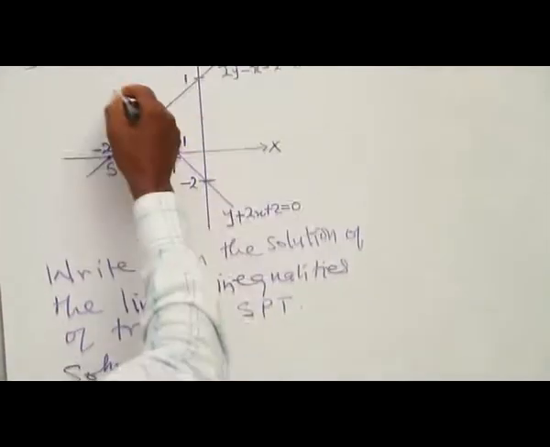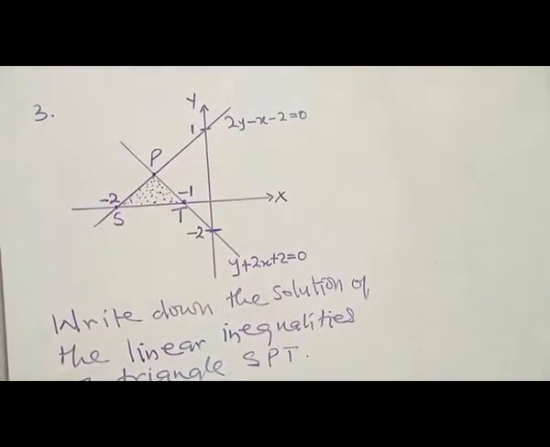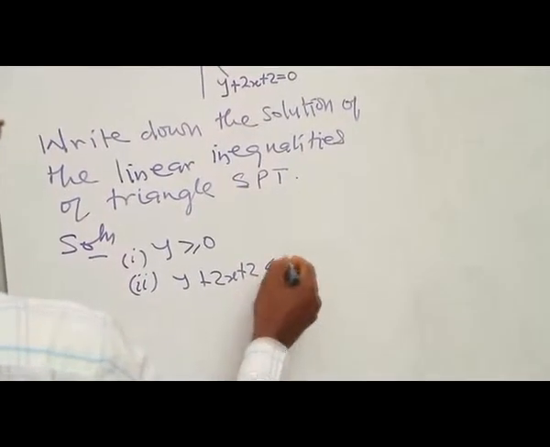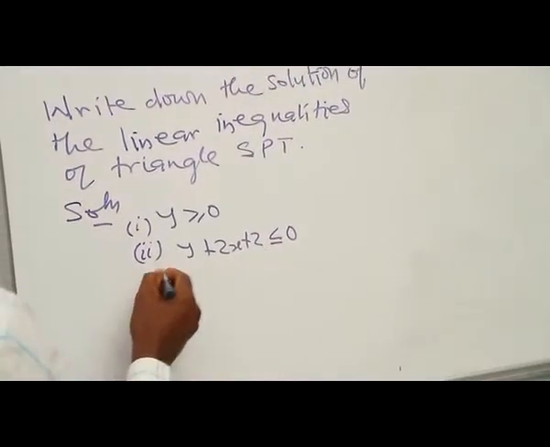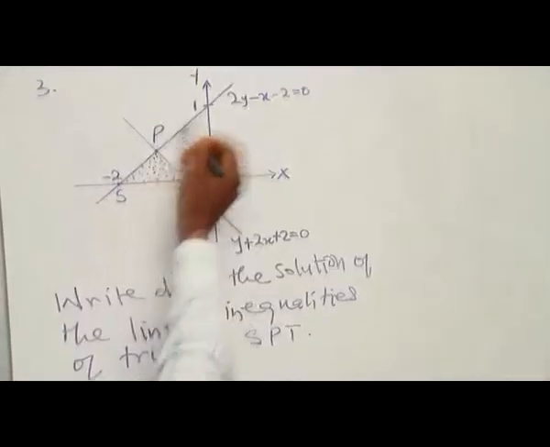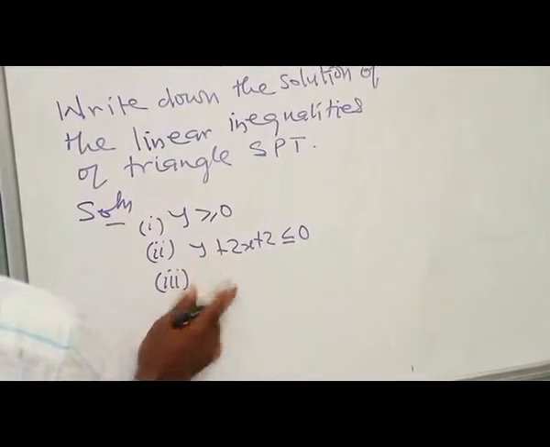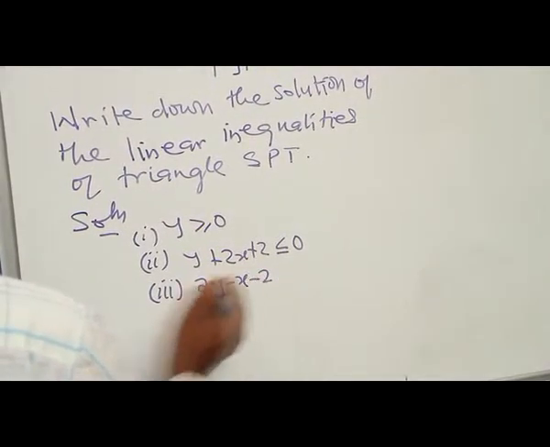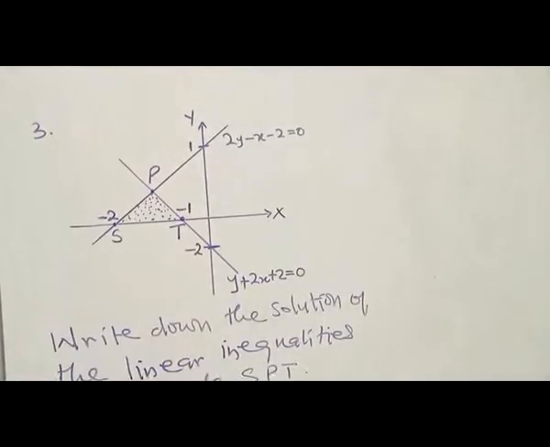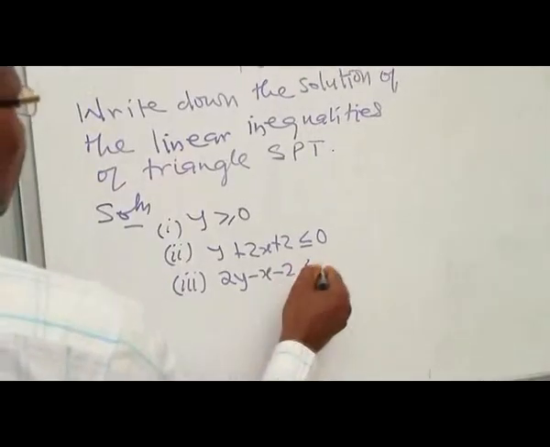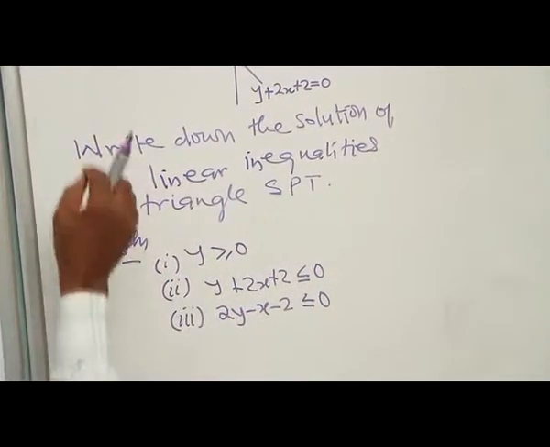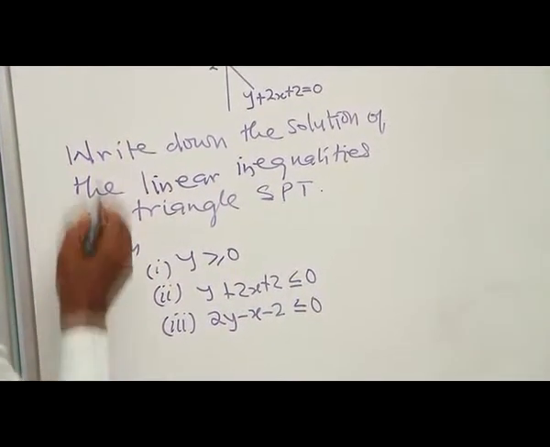The equal to is because of the line, but below is shaded, so the region lies below, so less than or equal to 0. Then you take the third one, and the third one is this line, and the equation is 2y minus s minus 2. Below the line is shaded, so less than or equal to 0. These three combined inequalities define the triangle SPT.